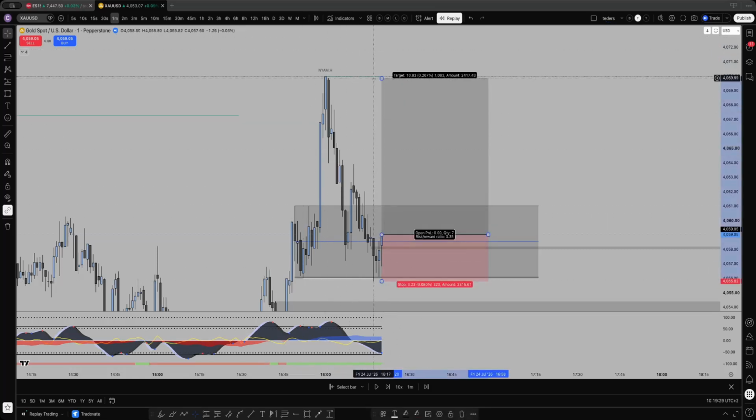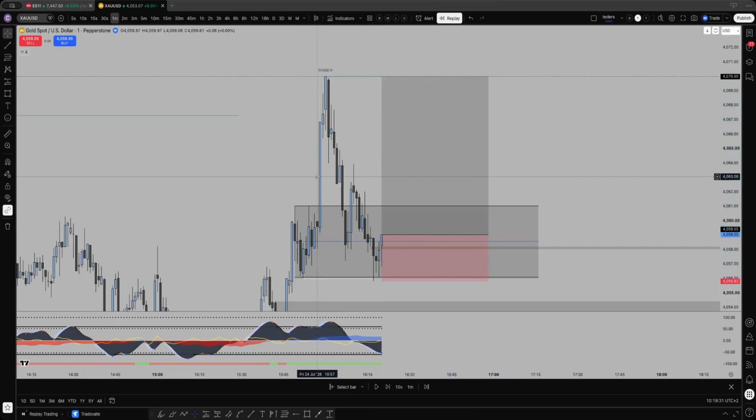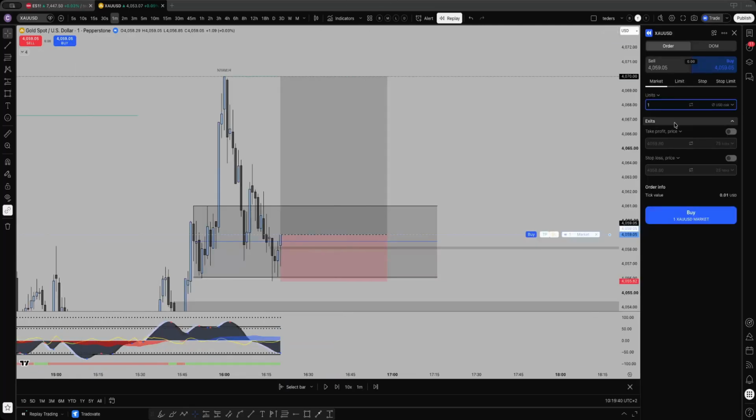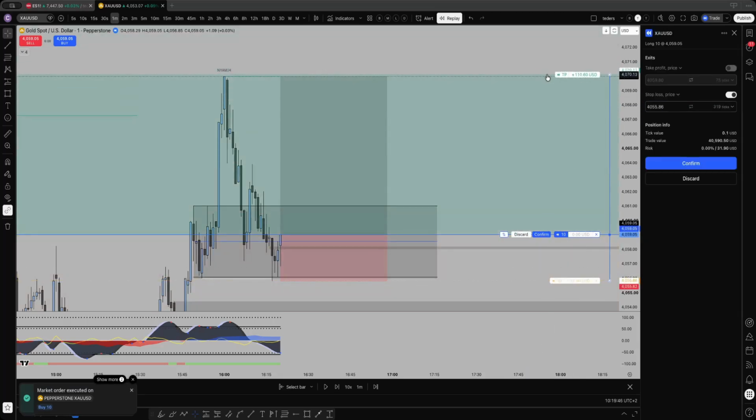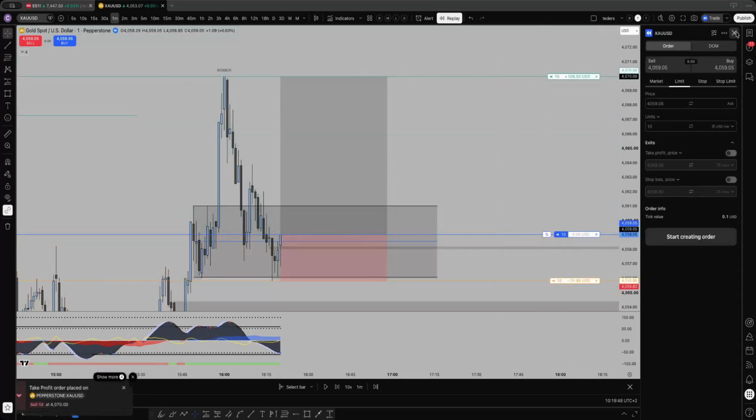So here we obviously target the high, the New York AM high, and from there it's just letting the framework do what it's supposed to do instead of managing the trade emotionally. Let's say we go in with 10 units here, and we put our stop loss below this low and our take profit at the high.